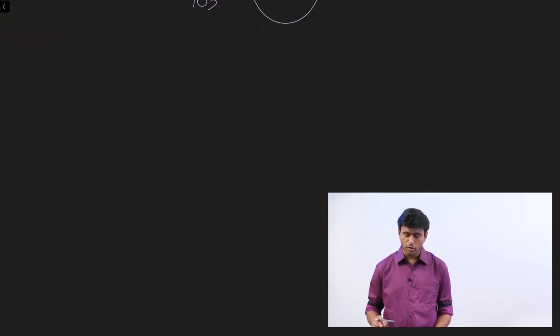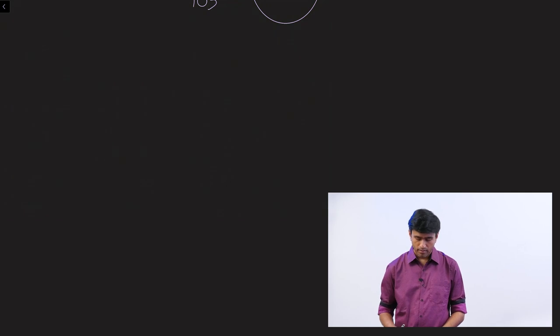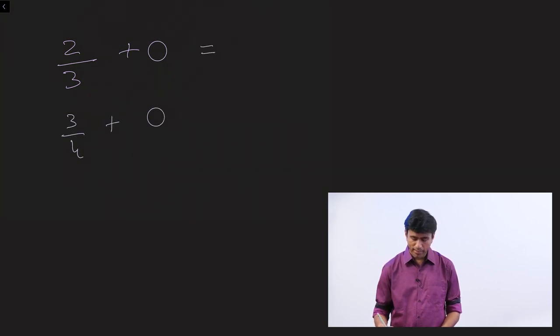This is how you do a combination of addition and subtraction. Now let's look at a couple of properties of addition and subtraction. Have a look at this fraction. 2 by 3 plus 0, 3 by 4 plus 0. What do you think it is?